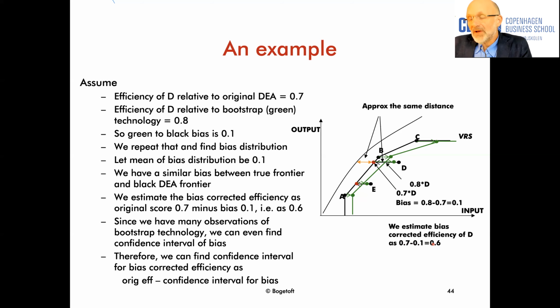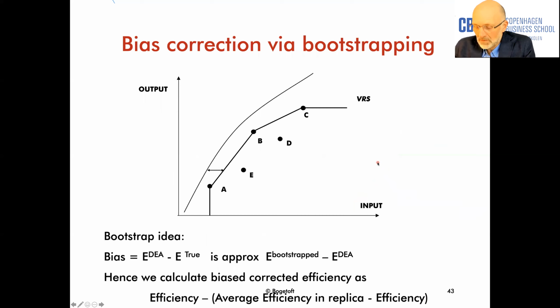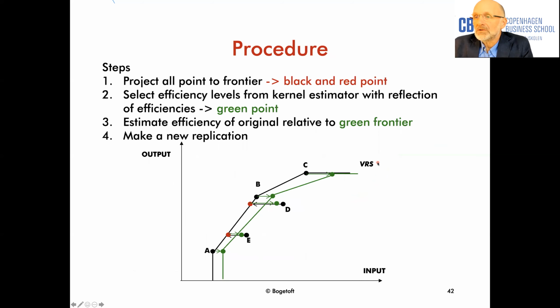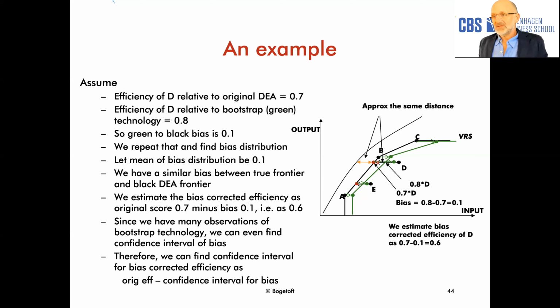And I can do even better than that, because that was just the outcome of doing one repetition. Now I can do another repetition, and another one, and in each case I get a slightly different bias. So I basically create a distribution of the biases, and that also means I can take the 95% confidence interval for these biases.